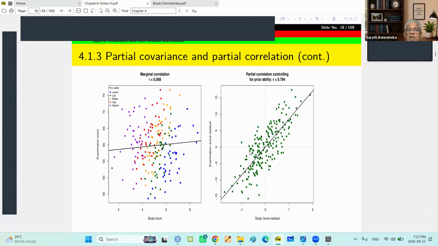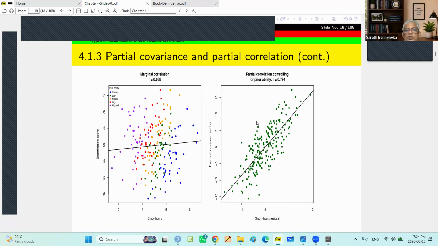So we can see that now there is a very strong linear relationship remaining between examination score and study hours. So that shows that there is, of course, an actual strong relationship between study hours and the examination marks. When the study hours increase, examination marks increase generally on average. But when it is mixed with the prior ability, you cannot distinguish. You cannot see that high correlation. Right?